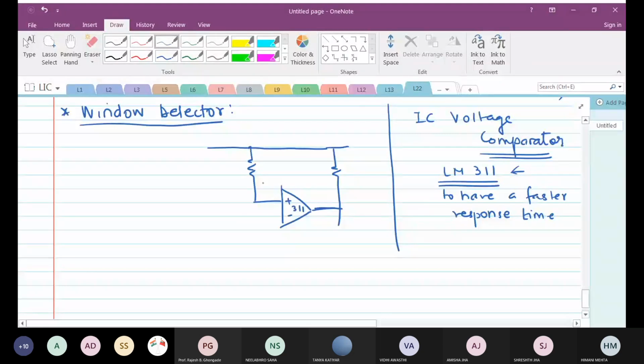So we have two such comparators. We have an LED here.